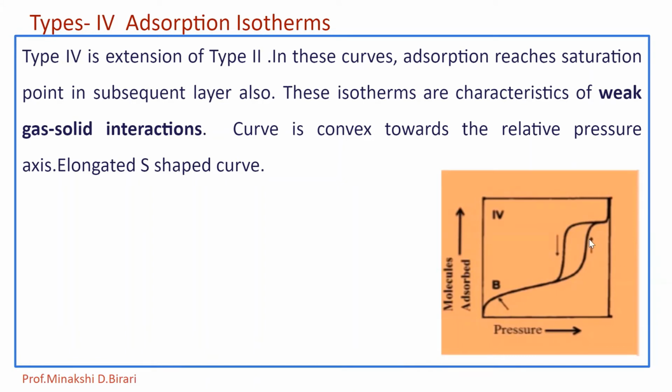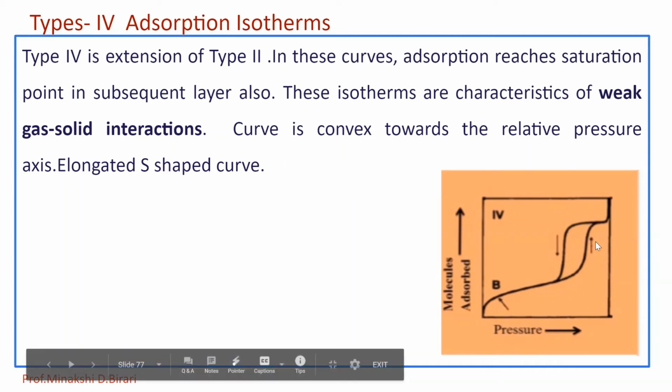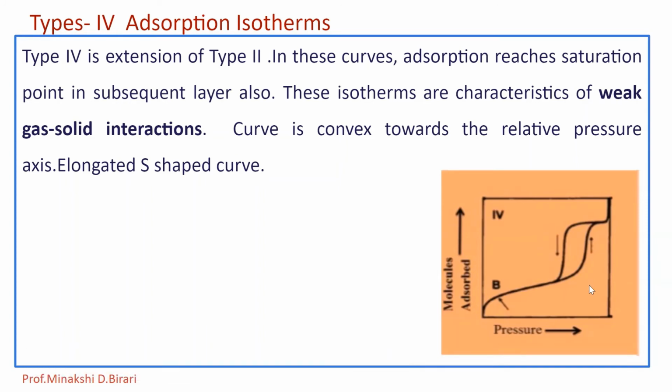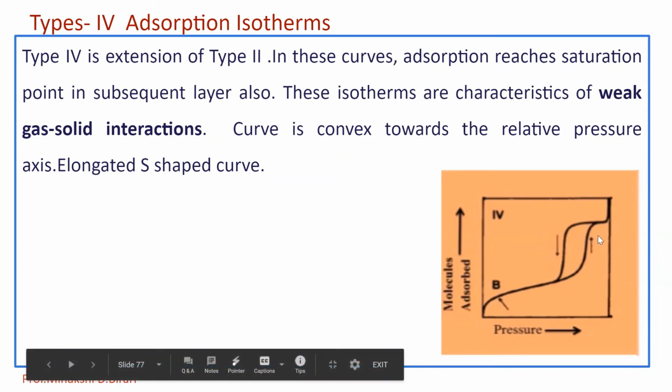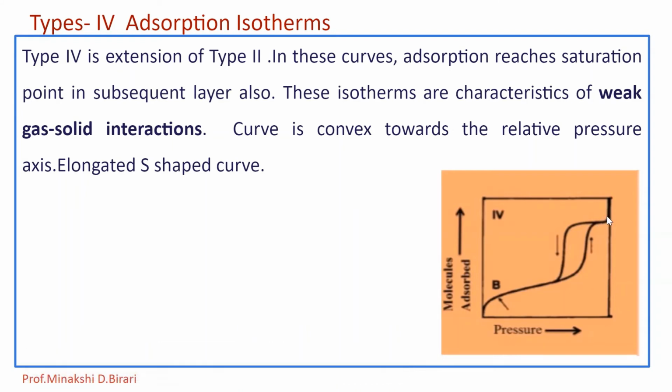So when we compare the type 4th curve with type 2nd curve, we get that type 4th is the extension of type 2nd. In this curve, the adsorption reaches the saturation point in subsequent layers also. These isotherms are characteristic of weak gas-solid interactions, and here we observe the elongated S-shaped curve.